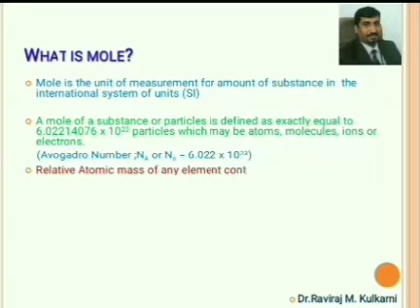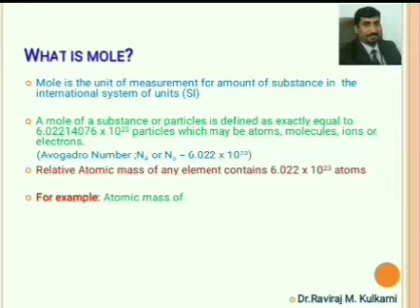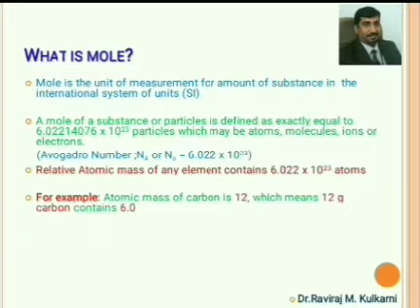Relative atomic mass of any element contains the Avogadro number of atoms, so 6.022 x 10^23 atoms. For example, atomic mass of carbon is 12, which means 12 gram of carbon contains 6.022 x 10^23 atoms or 1 mole of atoms.